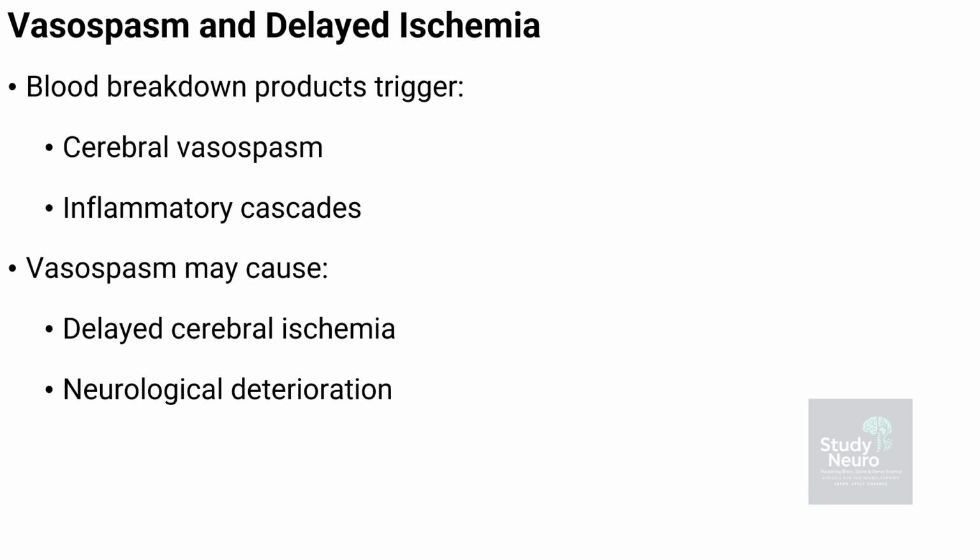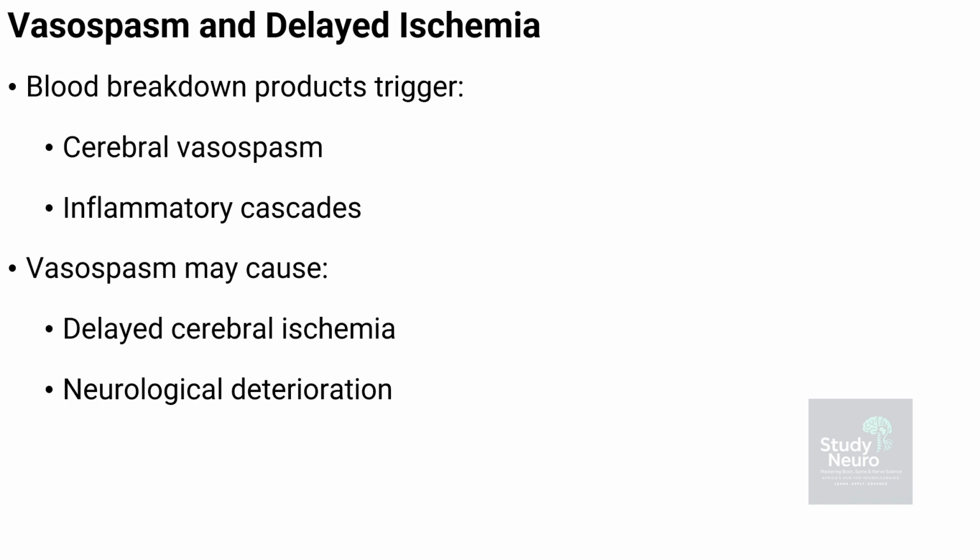After a subarachnoid hemorrhage, blood breaks down in the cerebral spinal fluid and releases products that irritate nearby cerebral vessels. This triggers both vascular spasm and an inflammatory response within the arterial wall. The result is narrowing of the cerebral arteries.